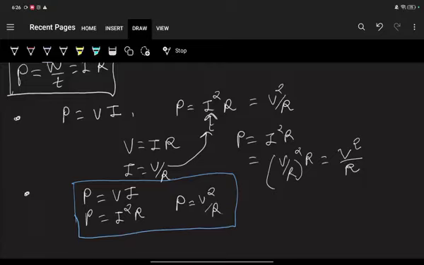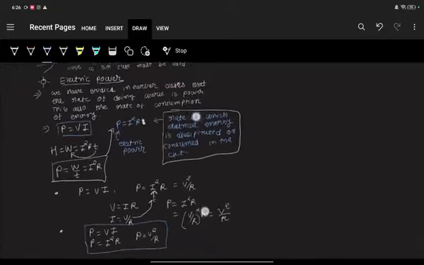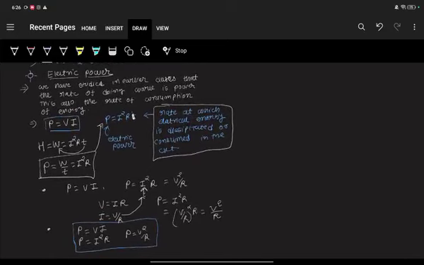So write this all down and we'll move forward for electric power.